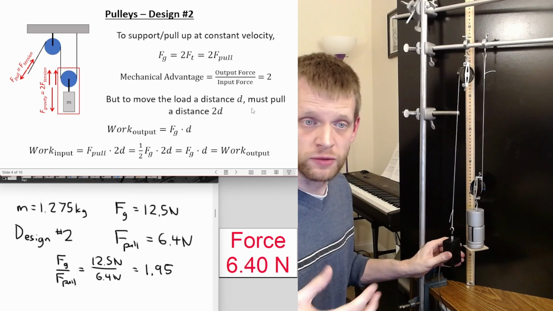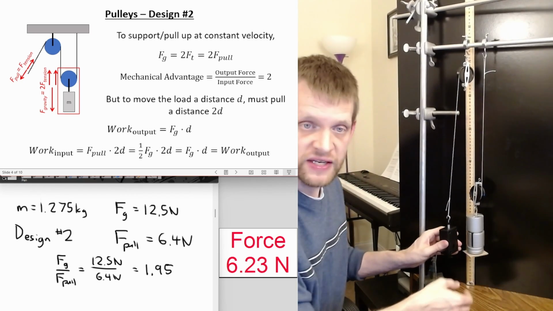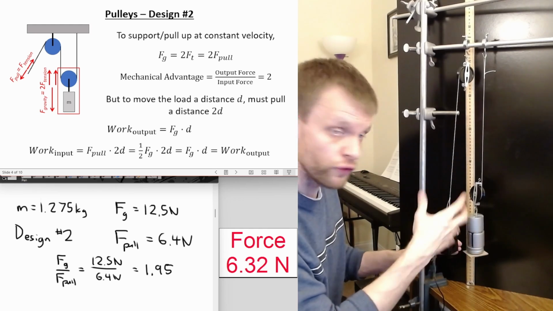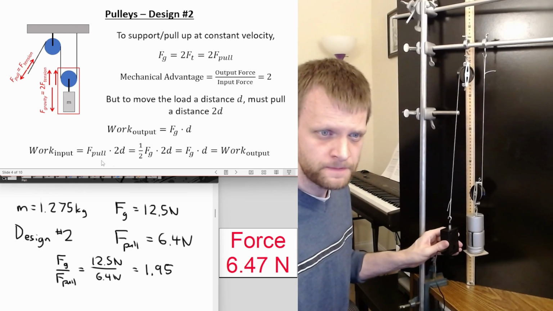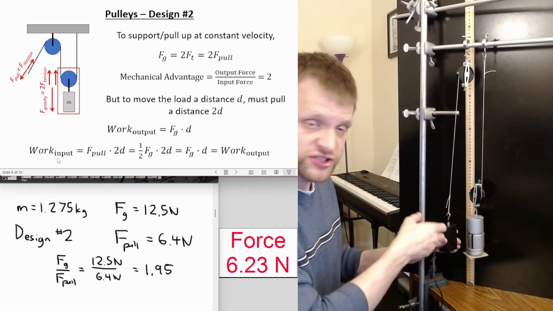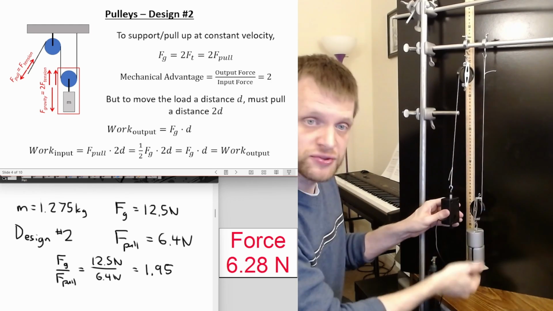When we look at this in terms of the work, the output work would be the force of gravity that is pulling on this thing, or effectively the force of the load pulling up, overcoming that force of gravity, times the distance that it travels. Well, the input force, how much I'm doing, is the force of me pulling times the distance that I have to move.